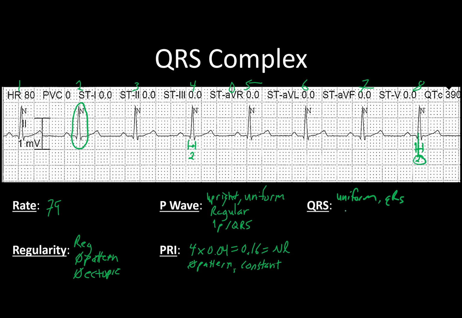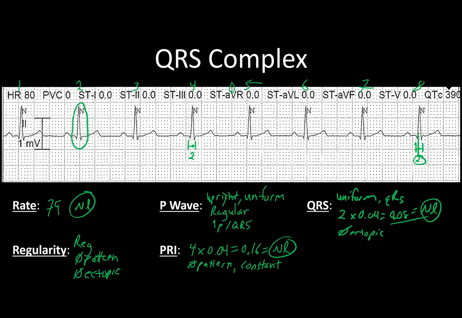But for these, we can say that they're quite easily 2 small boxes times 0.04, 0.08, which is also normal. So we have a normal QRS in that regard. There are no ectopic QRSs. So I have a normal QRS, I have a normal PRI, and I have a normal rate.